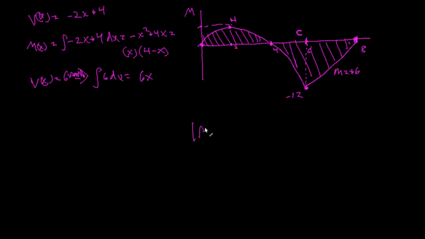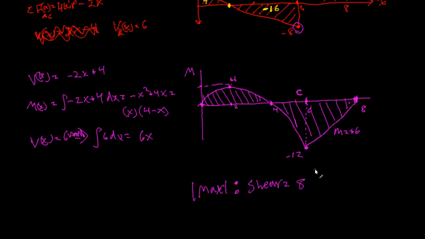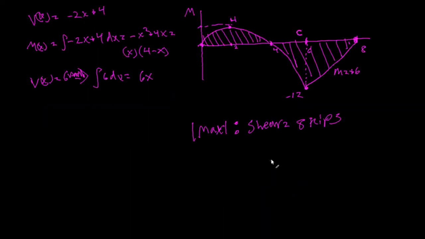The absolute maximum value for our shear force is 8 kips. And the absolute maximum bending moment is 12 kip feet.